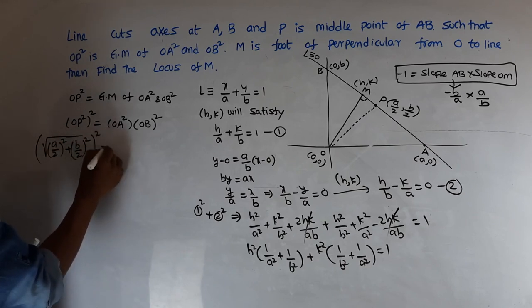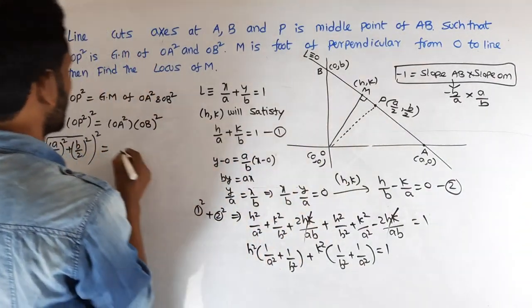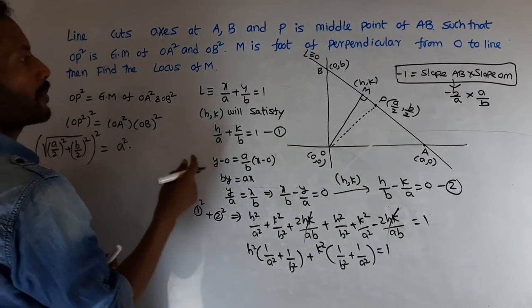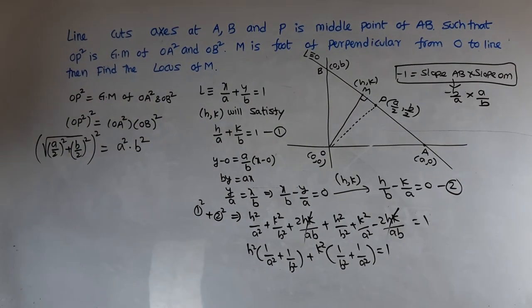So whole square equals OA square into OB square. What is OA square? A square. Into b square, since OB square is b square. So we can find 1 by a square plus 1 by b square.